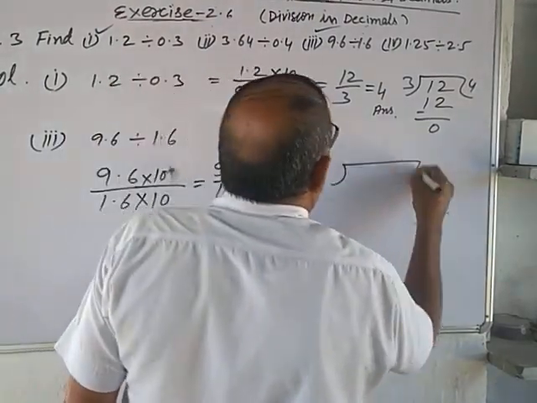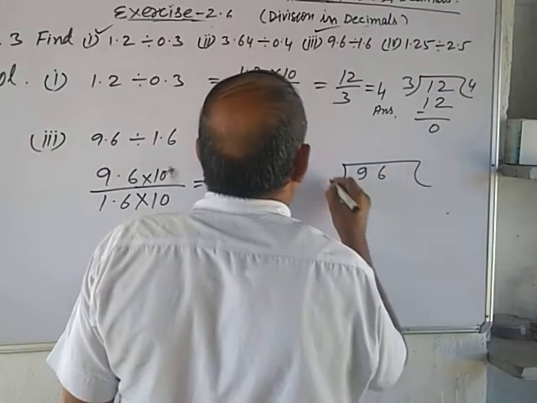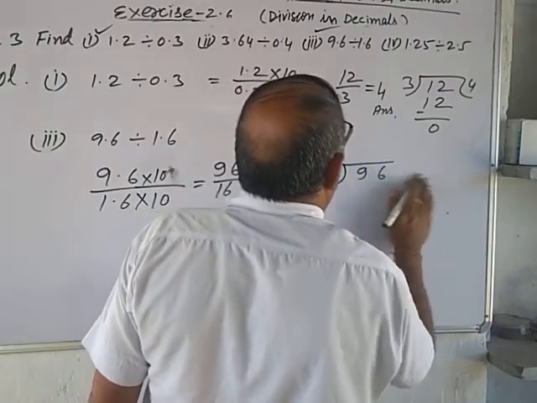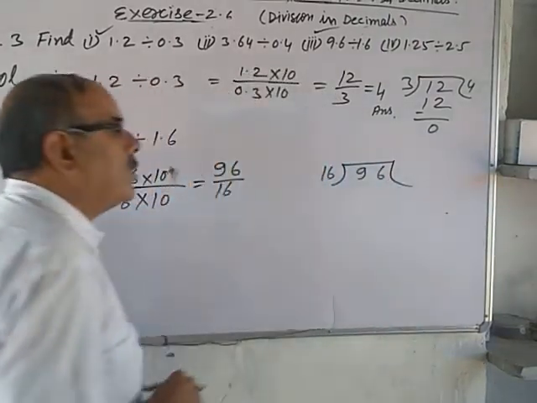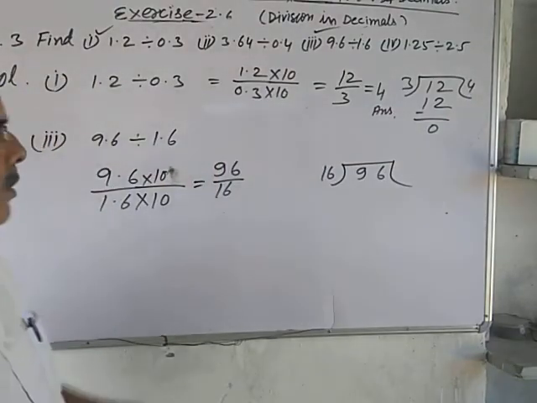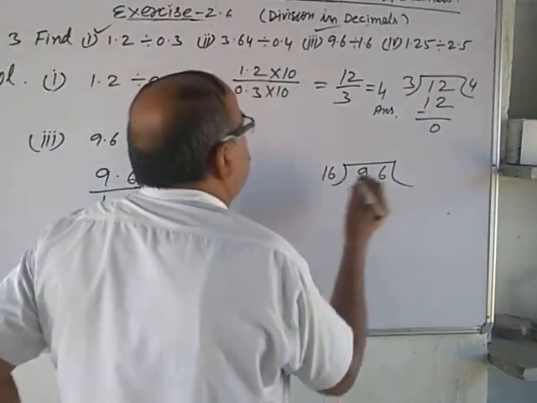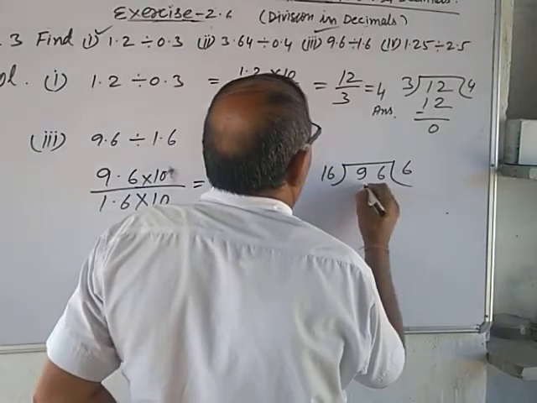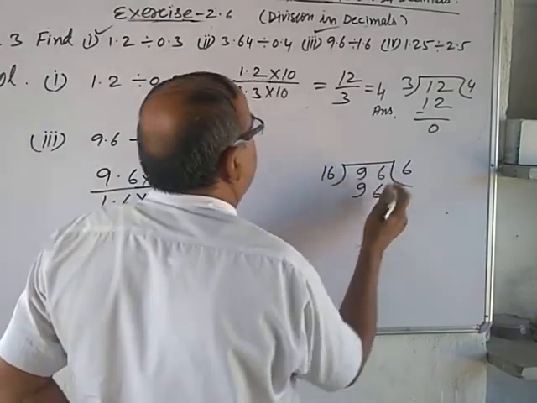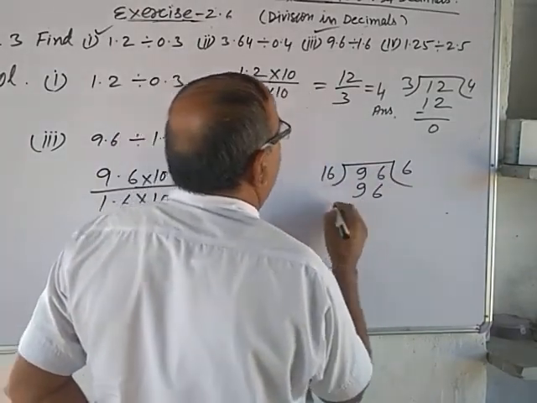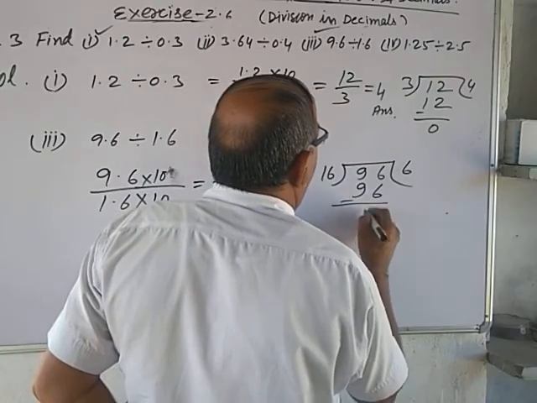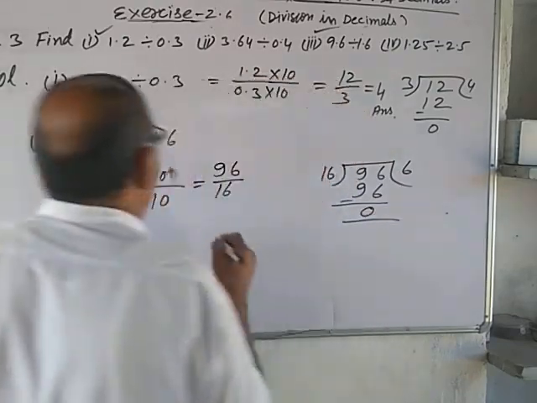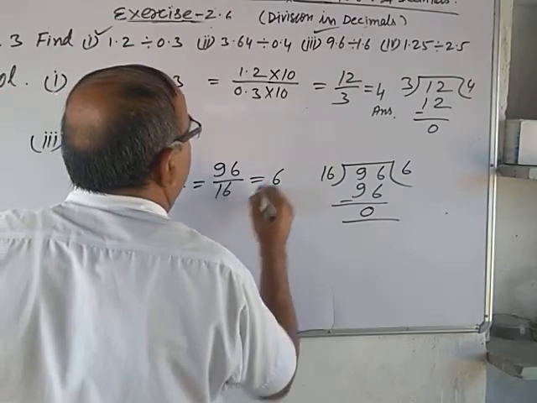Start the division. 16 6s are 96. The remainder is 0. The answer is 6.